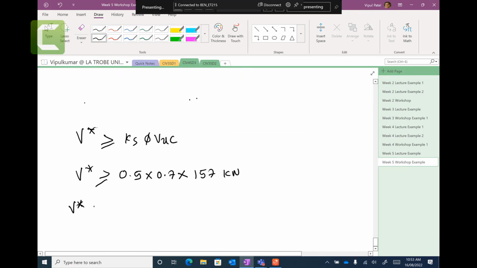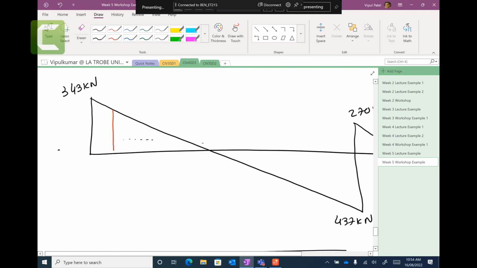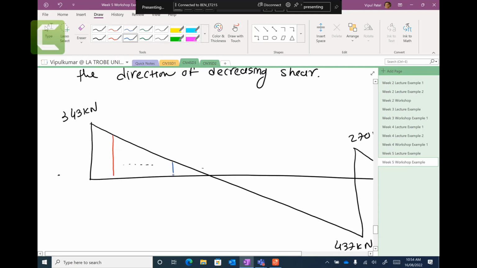So V star is saying 0.5 times 0.7 times 157, you get 55 kilonewtons. Right? So it says that when you have 55 kilonewtons, you don't need to provide the fitments.